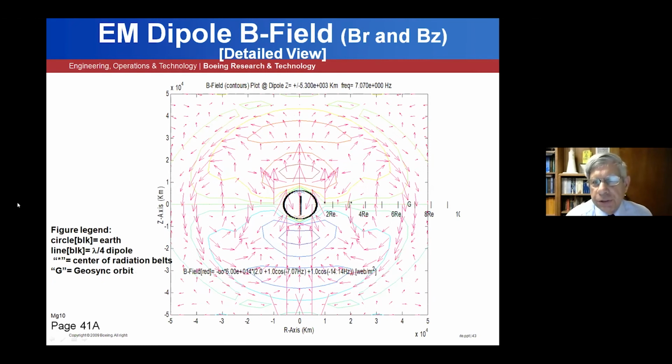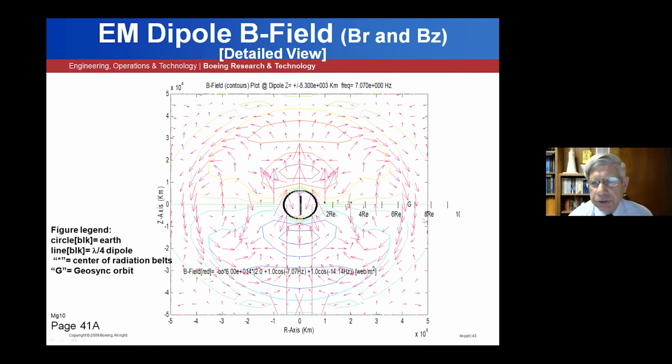And so you can see that here you have the inner belt, big positive there, and the outer belt, you have a big positive there. And then you have all the waves lining up here due to the frequencies. This is running with all 4 harmonics.